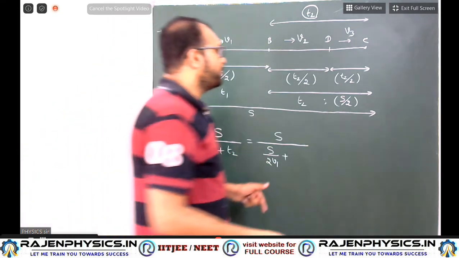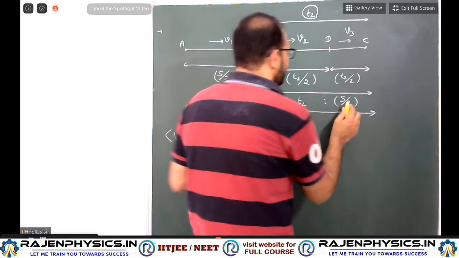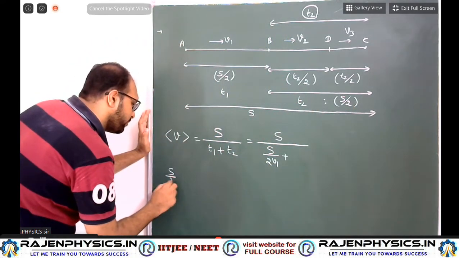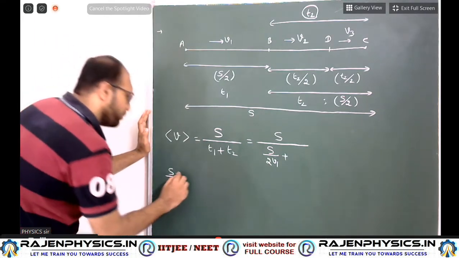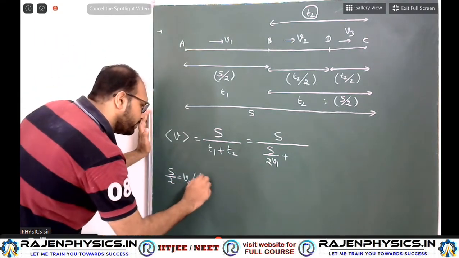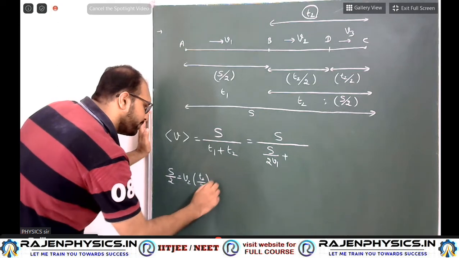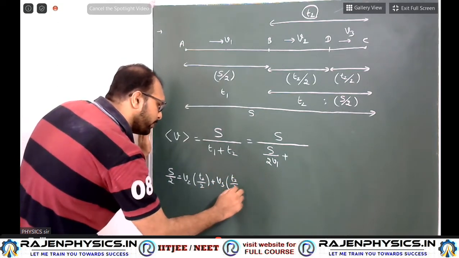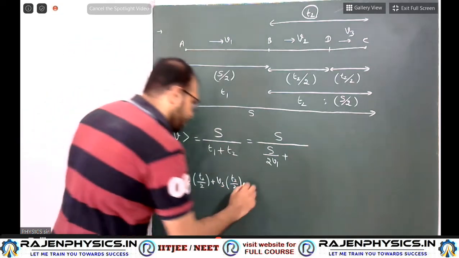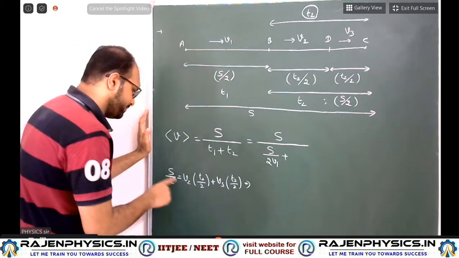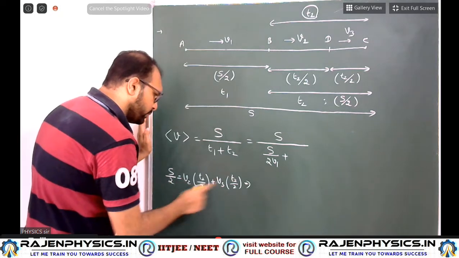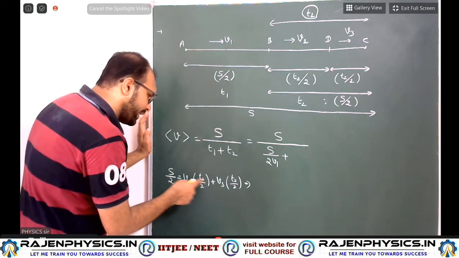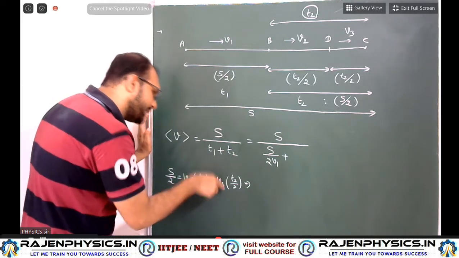Therefore, I am writing S by 2 equal to V2 into T2 by 2 plus V3 into T2 by 2. Then the 2s cancel out. S equals V2 T2 plus V3 T2.